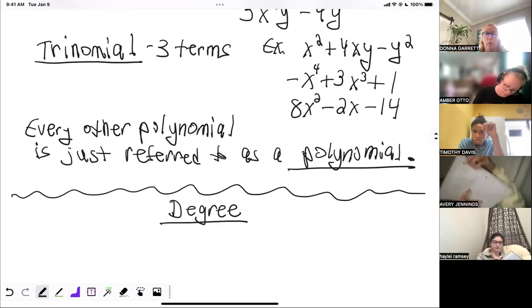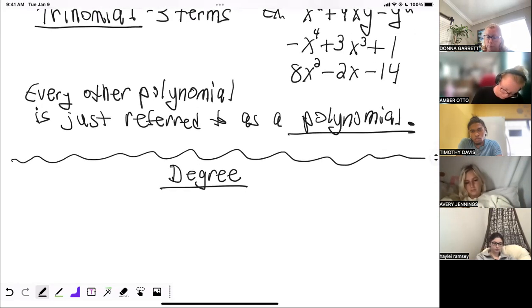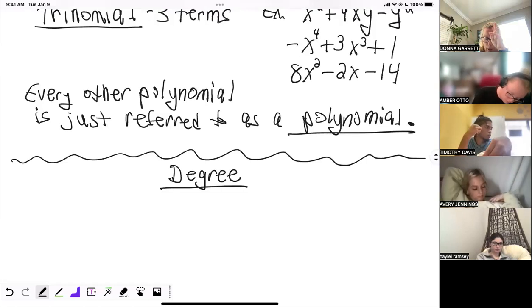Degree, this is a big one. You'll be talking about degree forever in math. We need to talk about it in two cases. So I'm going to put a bullet.